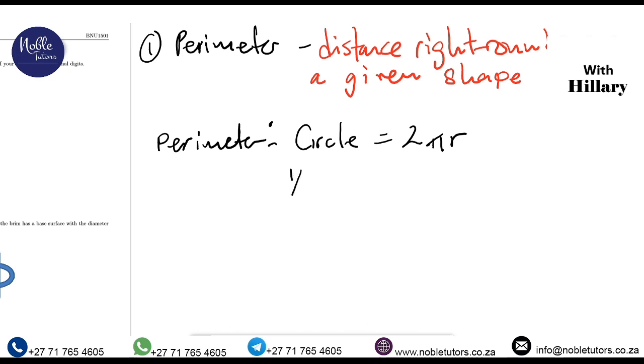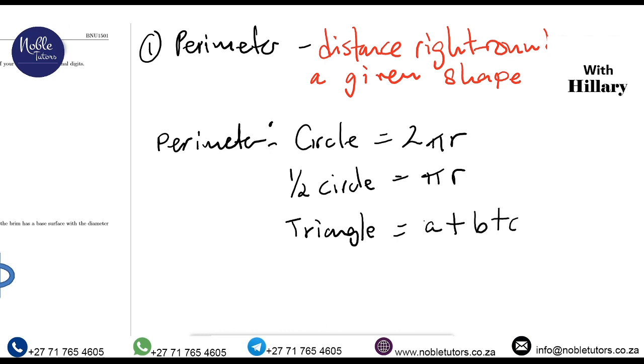For a half a circle, it is pi r. Then perimeter for a triangle is A plus B plus C, which are the sides of a triangle. Remember, a triangle has got 3 sides.